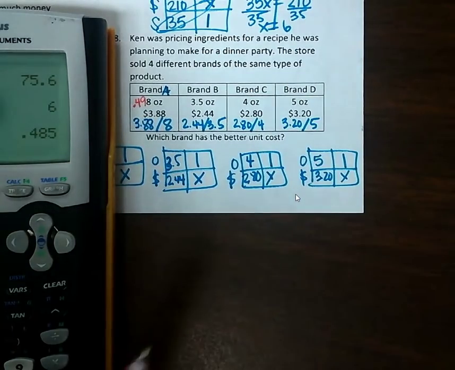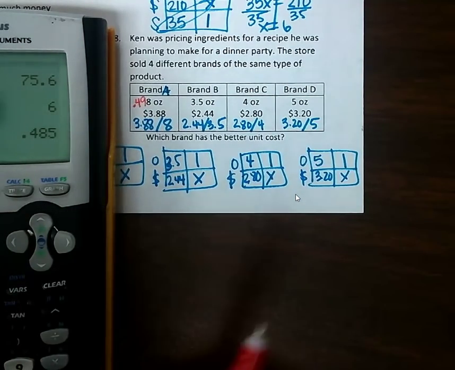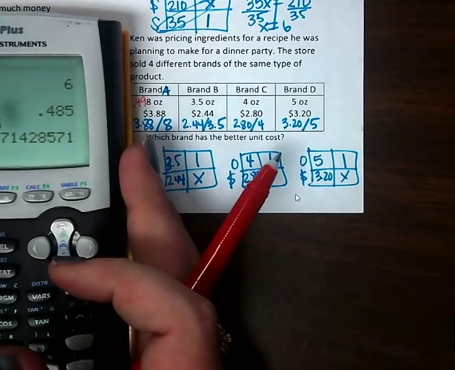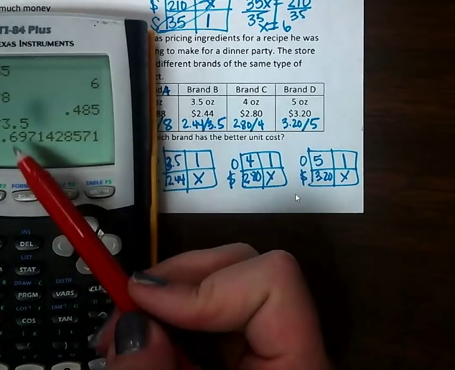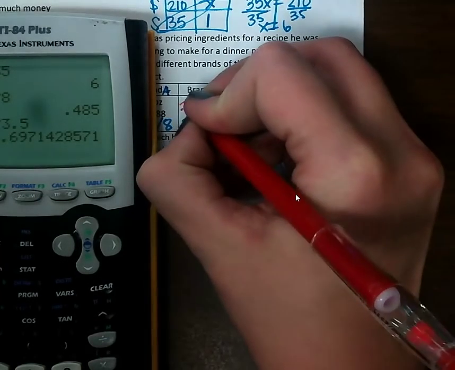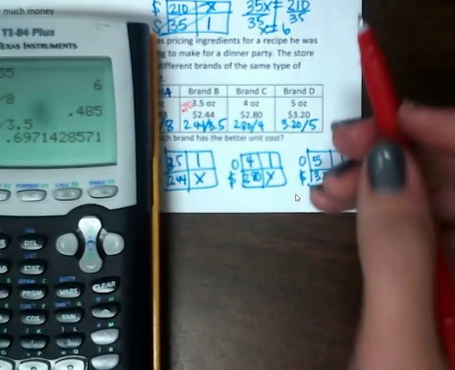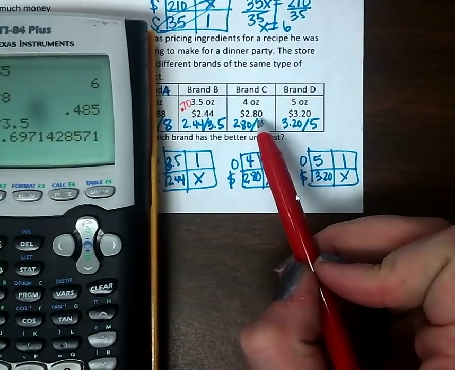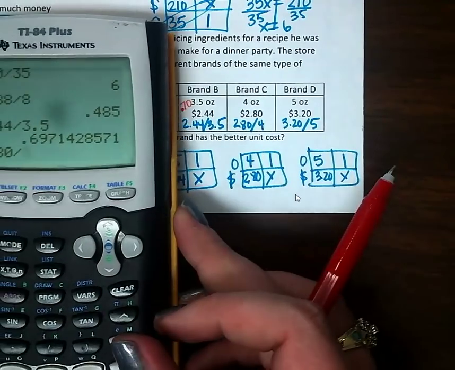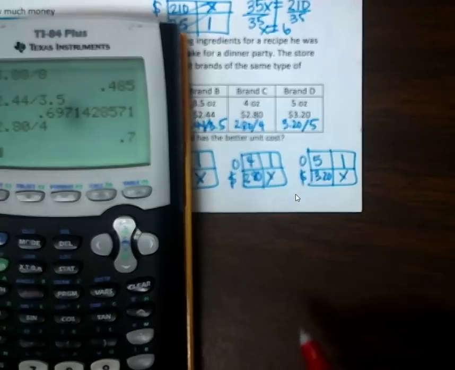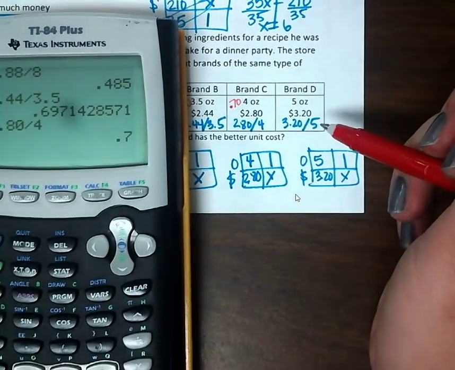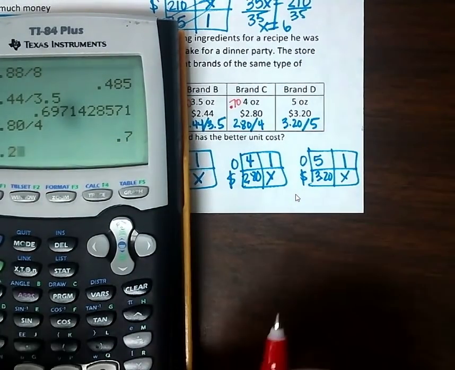This one here, 244 divided by 3.5. The 7 tells the 9 to go up, so really this goes up from 69 cents to 70 cents per ounce. This guy right here is $2.80 divided by 4 ounces. So that is 70 cents still. And then we have $3.20.